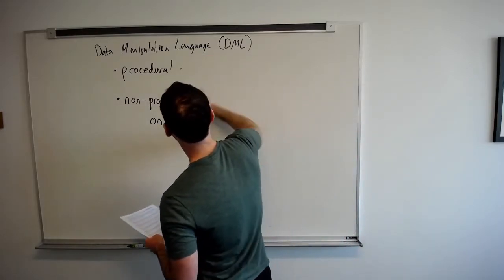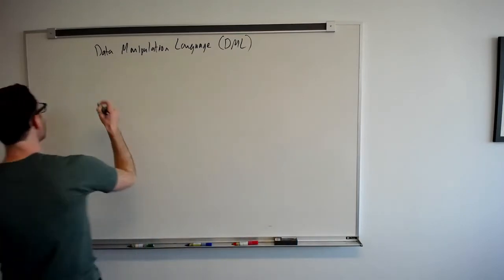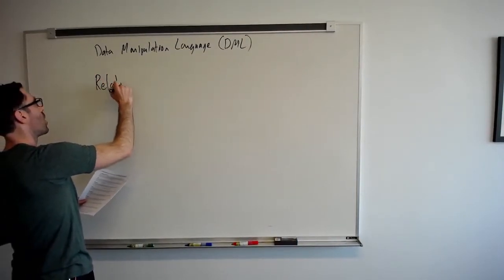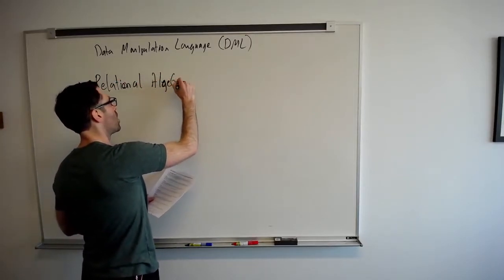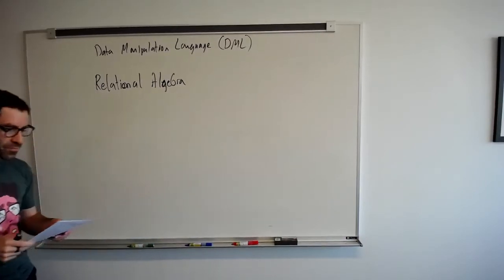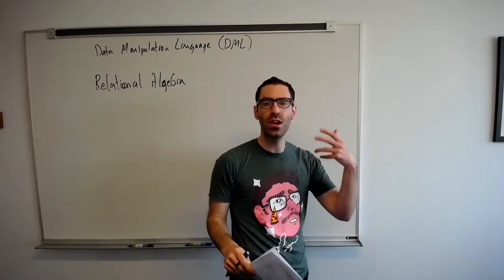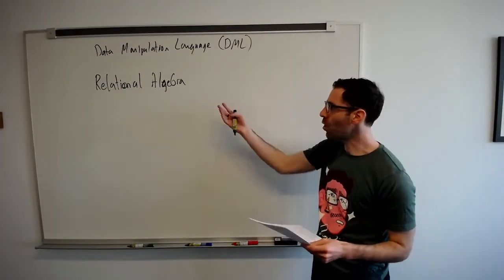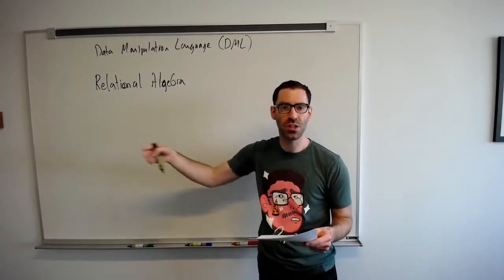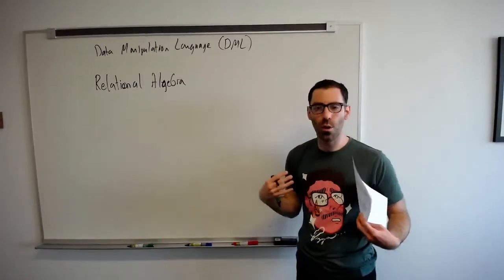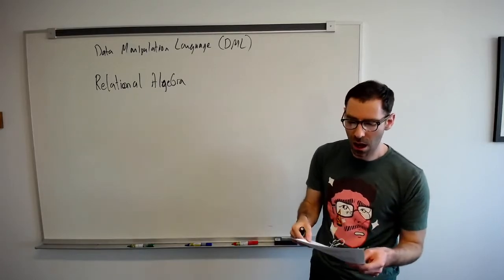So this procedural language is called Relational Algebra, and it's a set of fundamental operations to retrieve or manipulate tuples in our relational model. Each operator that I'm going to discuss is going to take in one or more relations as arguments and produce a new relation as output.